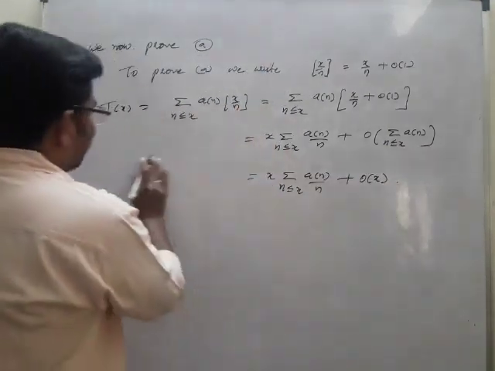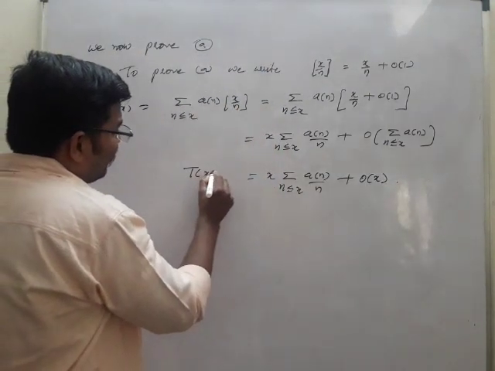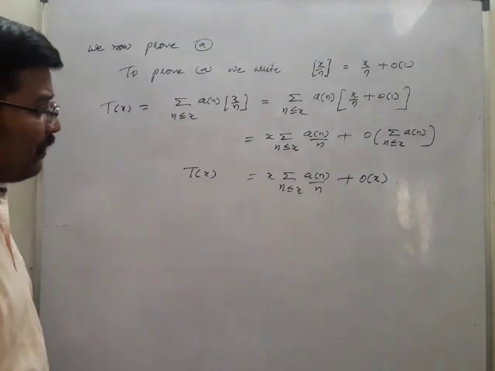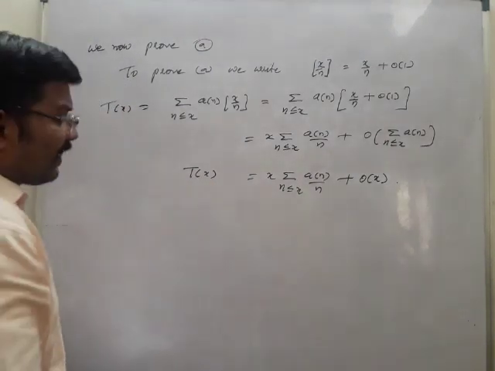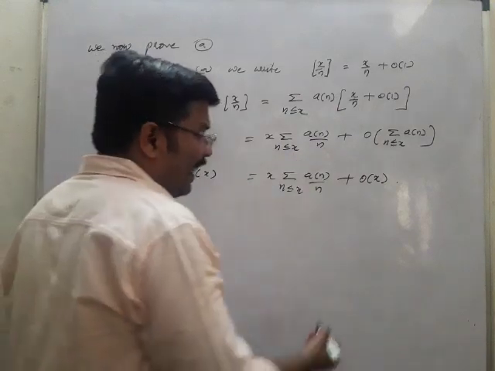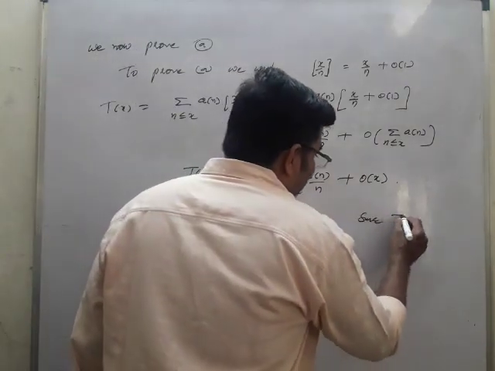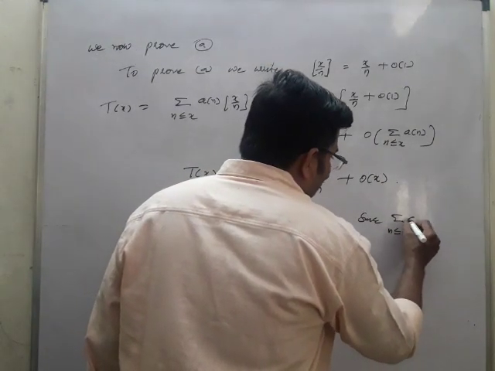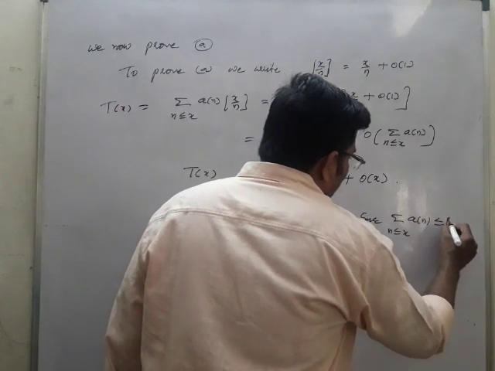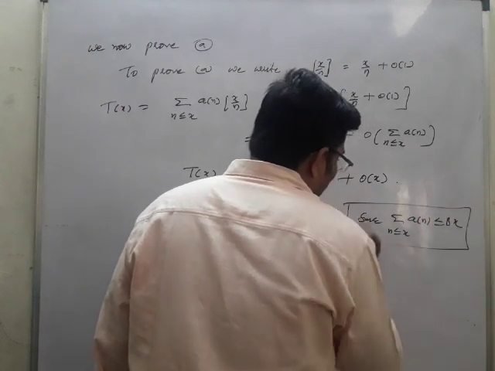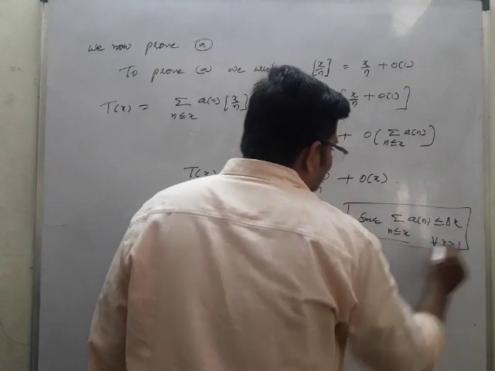Now we got T of x as this plus big O of x. Since summation n less than or equal to x, a of n is less than or equal to bx, we will keep this aside for all x greater than or equal to 1.